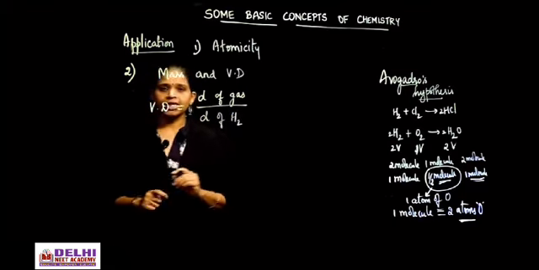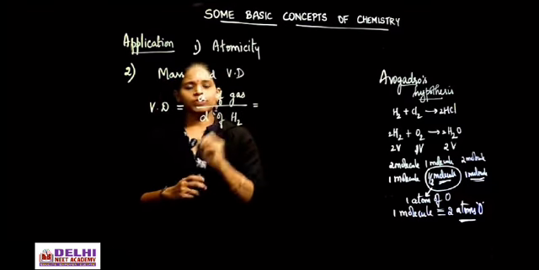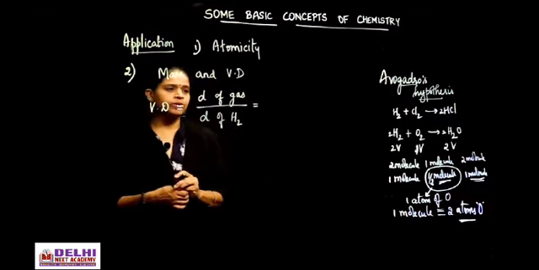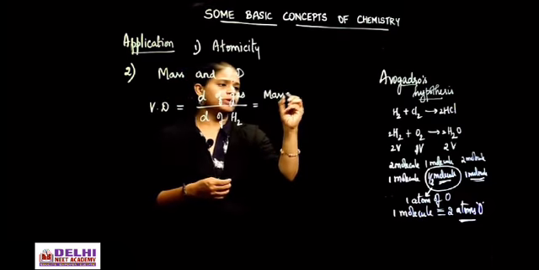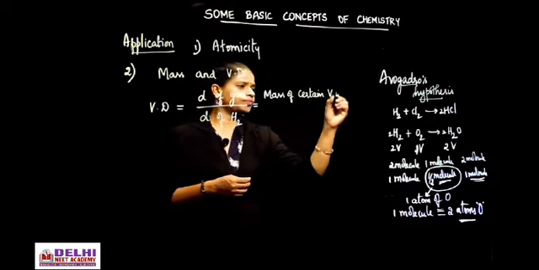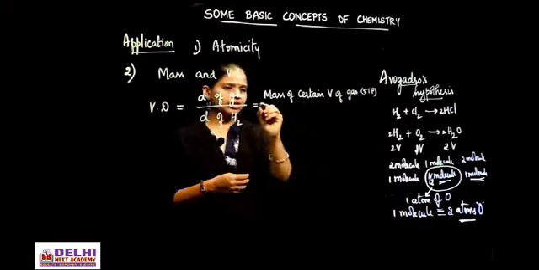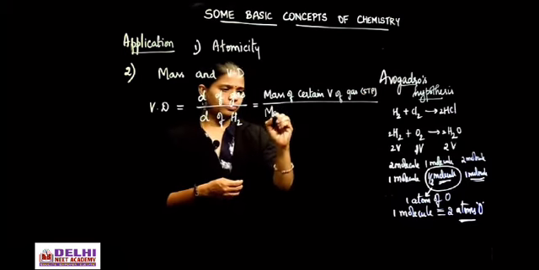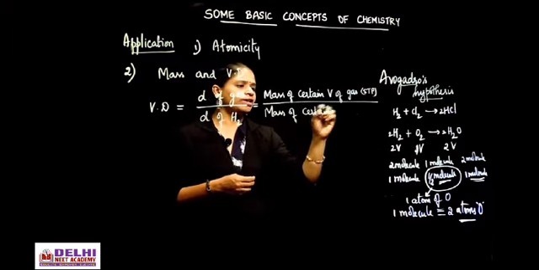That is the relative density, which we call the vapor density. As we know, density is mass by volume, so I consider this as the mass of a certain volume of a gas at STP by the mass of a certain volume of hydrogen.